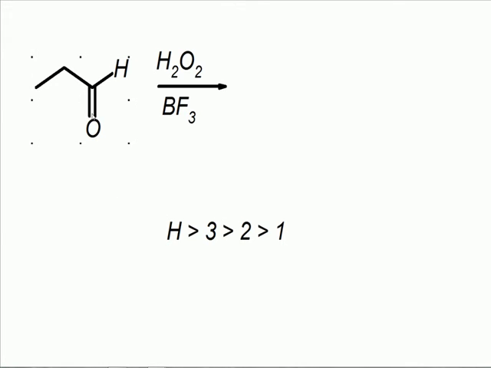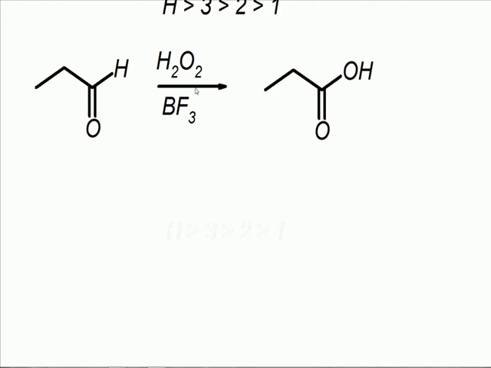So what happens, same mechanism, same everything, except instead of this side migrating, the hydrogen just migrates. And when the hydrogen migrates, you get a carboxylic acid. So what this has done, in essence, is just an oxidation. And, of course, the Baeyer-Villiger reaction itself is an oxidation.